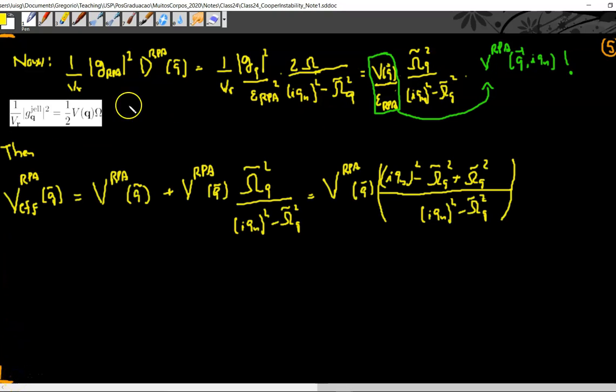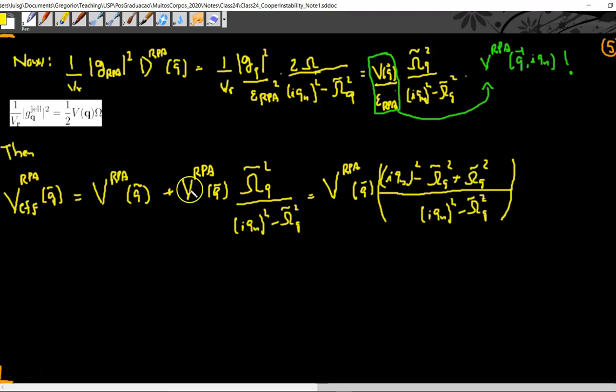So let's see the result. Putting everything together, we have VRPA plus this times plus this, essentially. I have now VRPA omega q squared divided by iQn squared minus omega q squared.